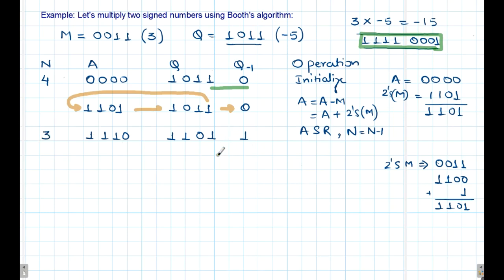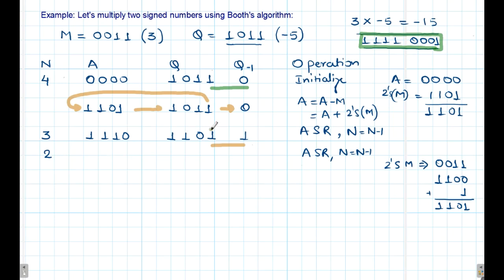Now the next thing is to check the bit pair. So here the bit pair says that it is 1 1. So it means that there will be only an arithmetic shift right operation, and n equals n minus 1. So we are going to perform arithmetic shift right, and n equals n minus 1. This will result in n becoming 2.